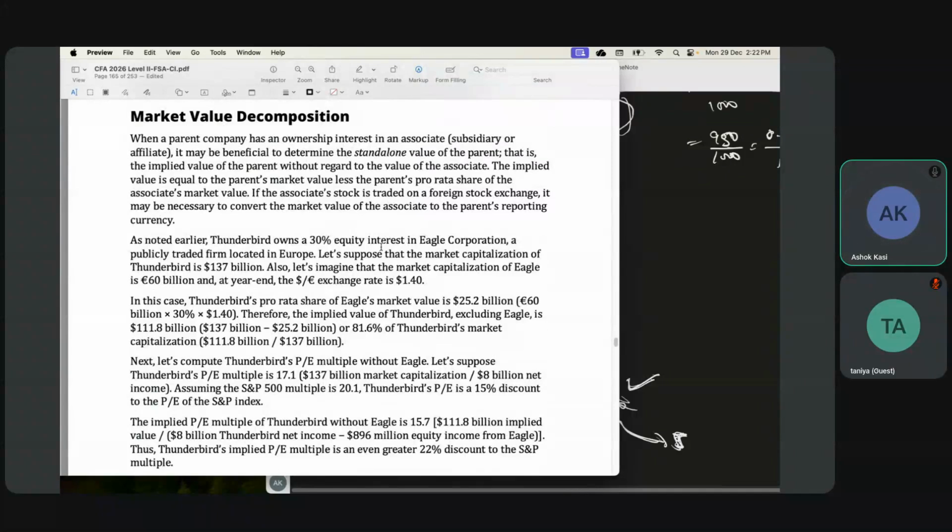Thunderbird owns 30% equity interest in Eagle Corporation, a publicly listed firm located in Europe. Let's suppose that the market capitalization of Thunderbird is 137 billion, and also imagine that the market capitalization of Eagle is 60 billion.